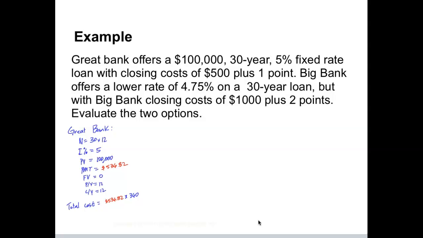All right, but I also want to add to that closing costs. So plus, I have closing costs of $500 plus 1 point. So that's 1% of $100,000. All right, that'll give me the total cost of my house when all is said and done through Great Bank. So let's go ahead and pop that into the calculator.